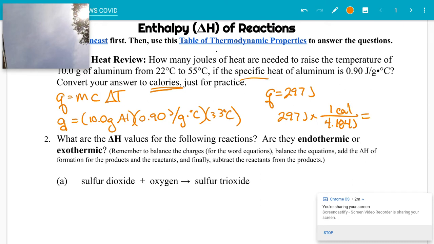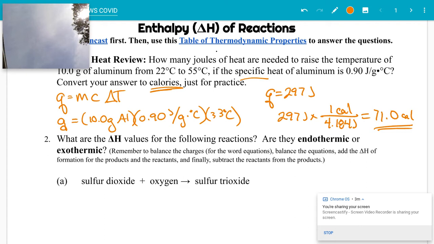There we go. And if we put that into the calculator, 297 times 1 divided by 4.184, and we should get 70.98. So that rounds out with sig figures to 71.0, and that would be, in this case, small c calories.